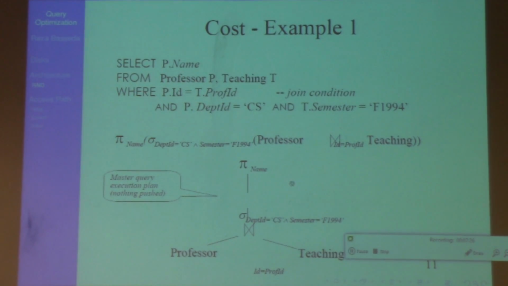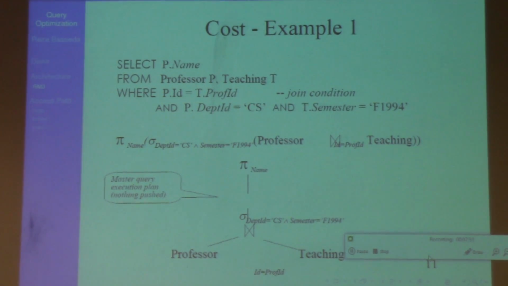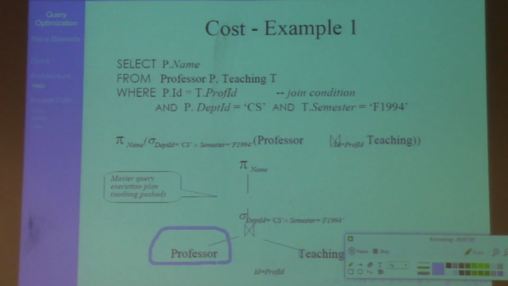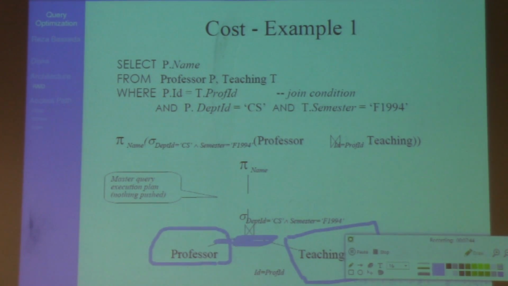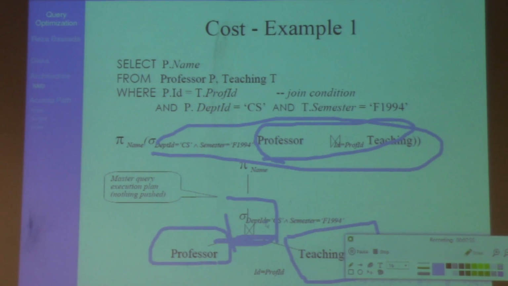This is the execution plan. Is that clear? You have these 2 tables. First you compute this natural join here, in the most inner parentheses, then you compute the select, then you project the name.